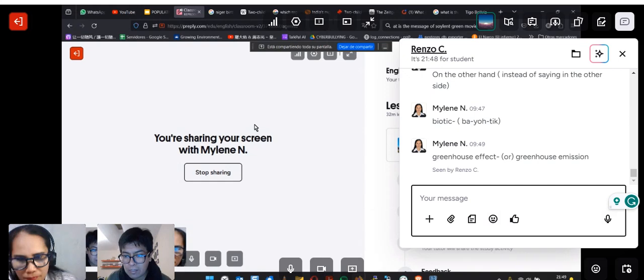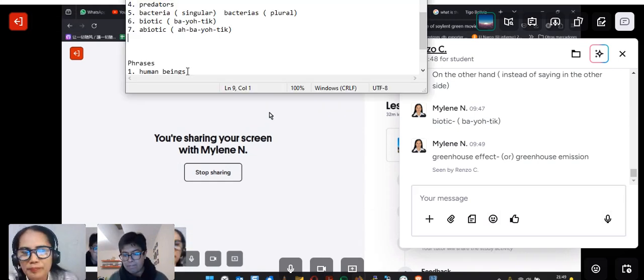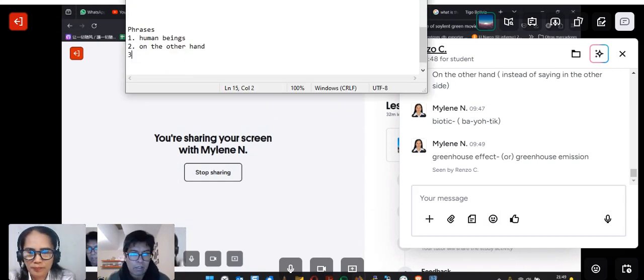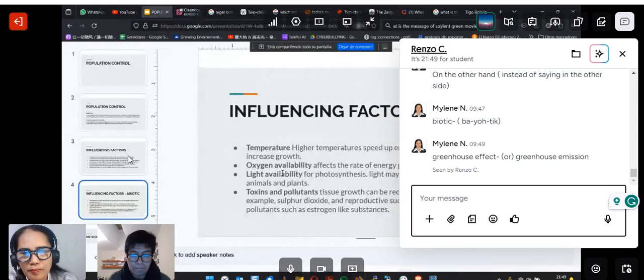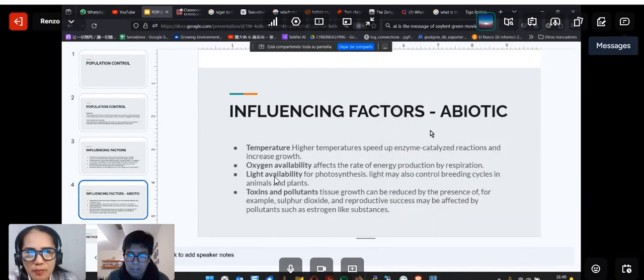Yeah, exactly. Thank you. We have seen in a previous class that most industrialized countries produce nearly 80%, if I am right, of the greenhouse emissions from factories and industries.